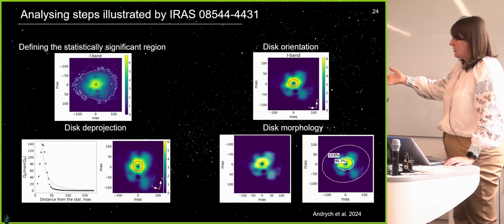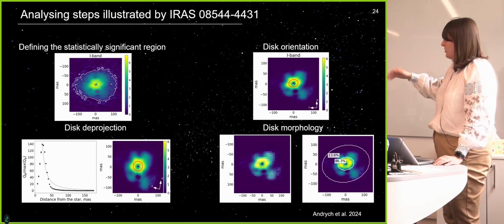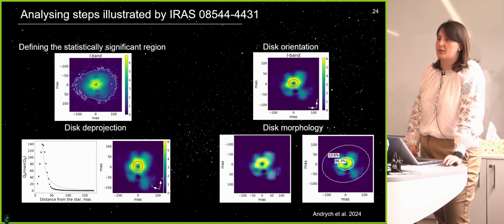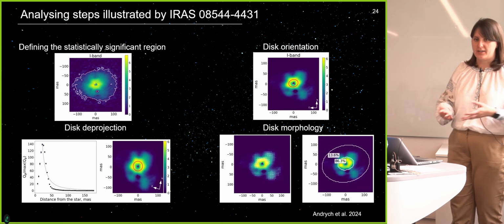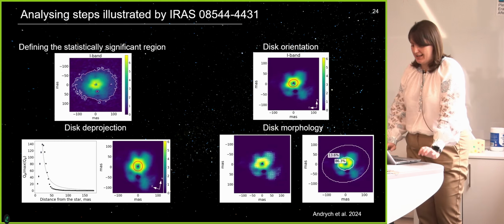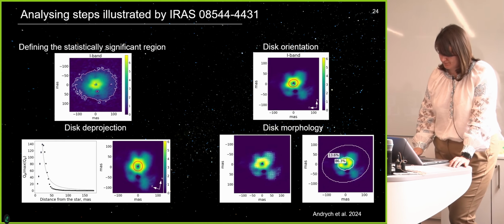Then using the disk orientation, position angle, and inclination, we plot the brightness profiles, and then we go into the confirmation of the disk morphology and also the measurements of the total disk brightness to later compare it within the sample and with targets from young stellar objects, for example.